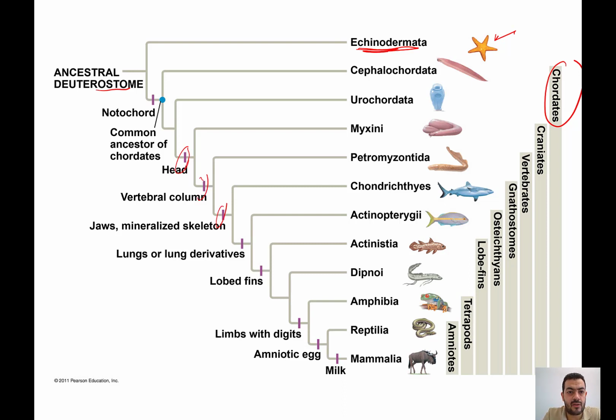So for example, here the appearance of a head will create a group called craniates. Cranium means head, and above that, the groups before don't have heads. Then we have another evolutionary event, the vertebral column, so that will characterize the vertebrates and so on.